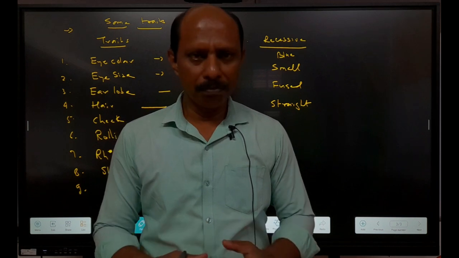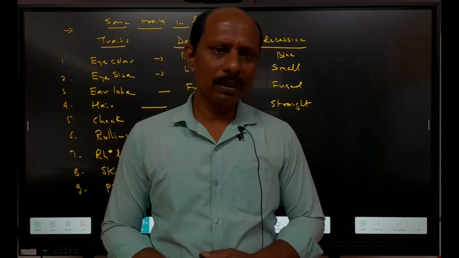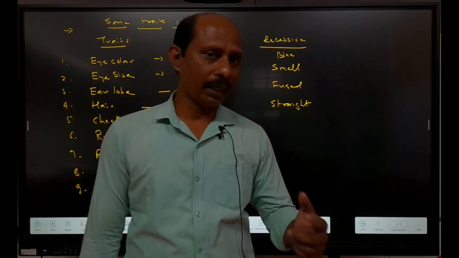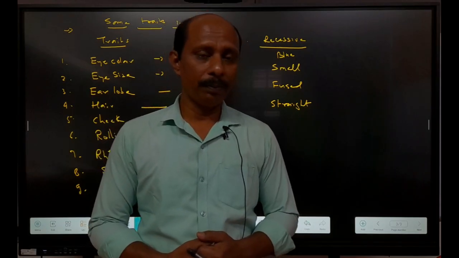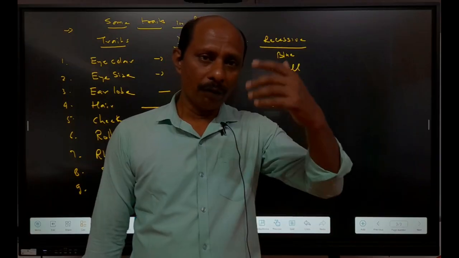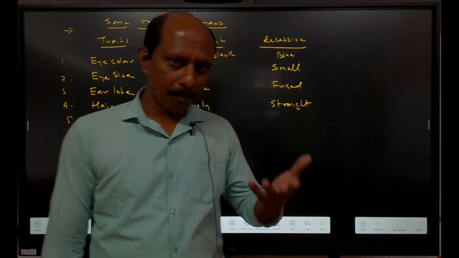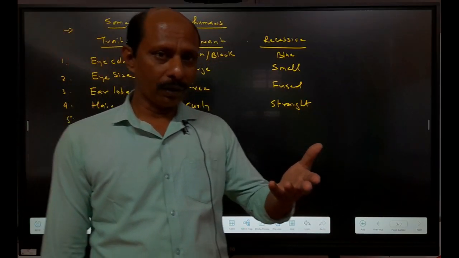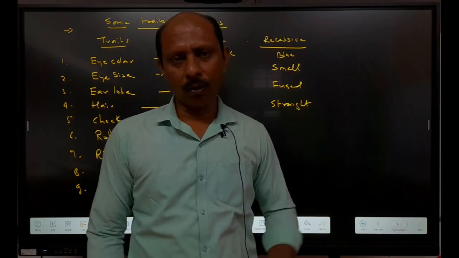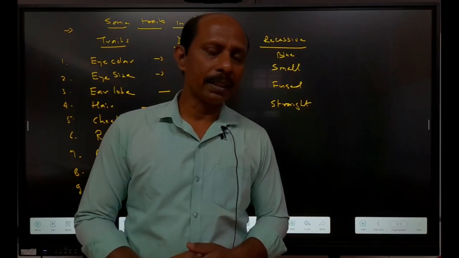Heterozygous B means it is sex influenced. It is a sex influenced character, because in males after mid age, after 45, the hairs are gone, right? But in females it is not.